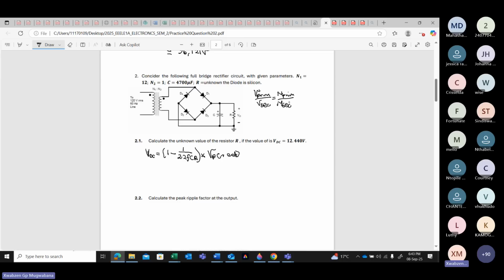If I look at this equation, I can say V of secondary is equal to 1 divided by 12, which is this ratio here, multiplied by 120 volts. Are we together? Therefore, 120 divided by 12, what do I get? 10 volts.